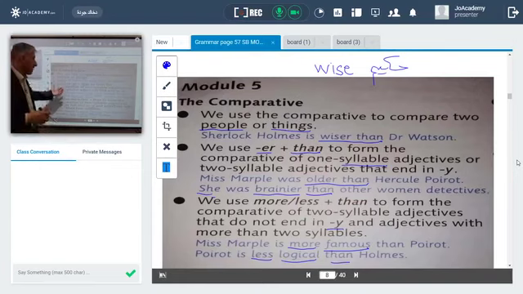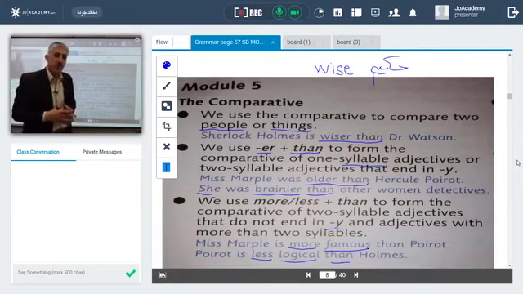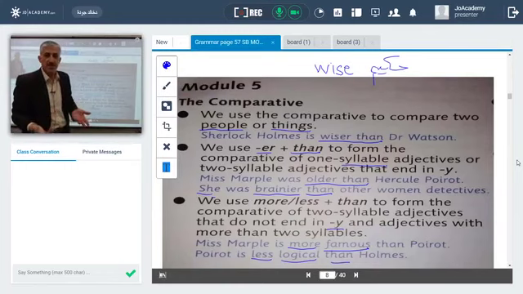So here we have a clear explanation about the comparative. And we said it's very important to add ER to the end of one syllable adjectives, or we put the word more before the adjective itself, and we don't change anything with the adjective if it is positive.